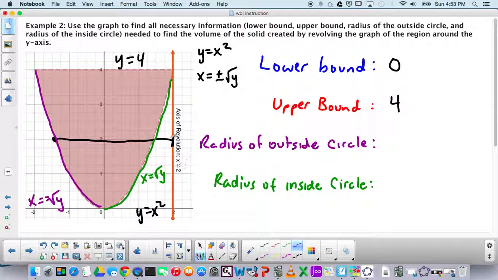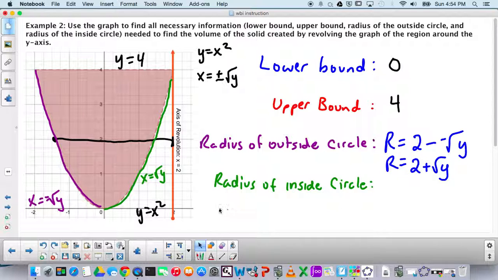So since our axis of revolution is further to the right than the outside of the shaded region, our axis of revolution is going to come first in our subtraction. So this is going to be big R equals 2 minus the outside function, which is negative square root of y. So it's going to be 2 plus the square root of y.